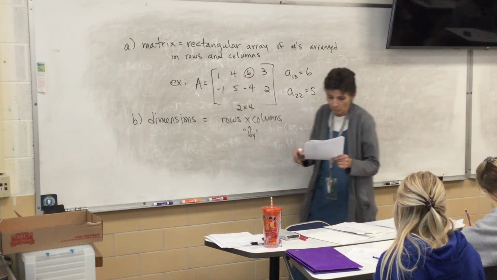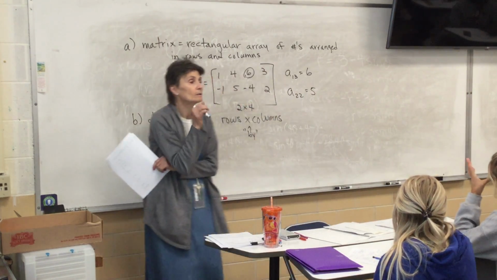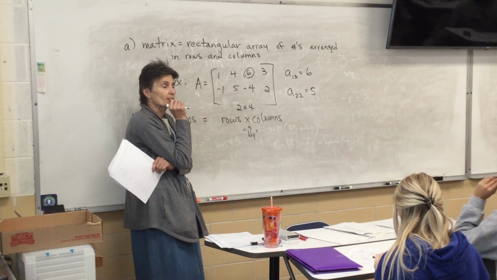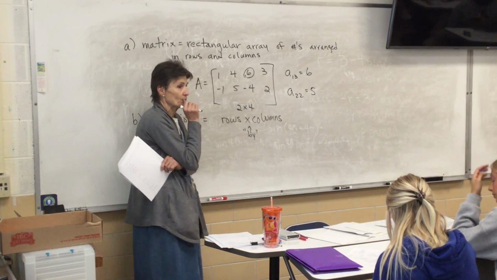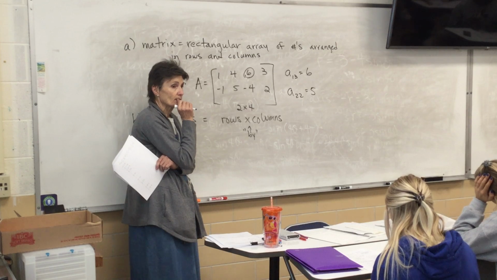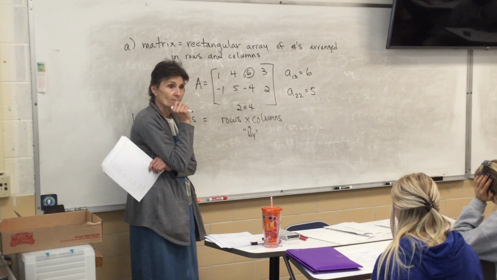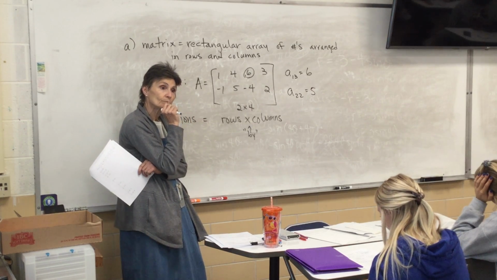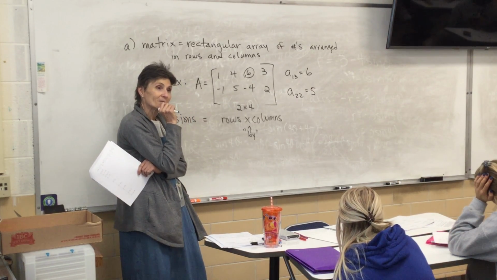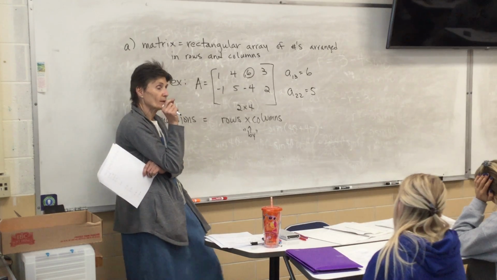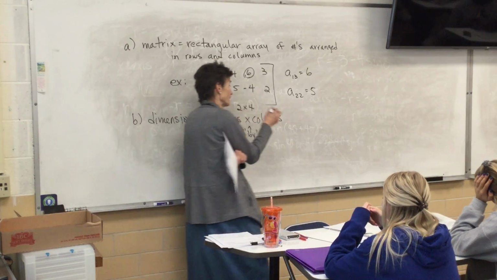What do you think equal matrices are? What do you think? Equal matrices. That they are equal to one another inside the matrix. Well, I think you know what you're talking about. Let's see if we can clarify that a little bit.